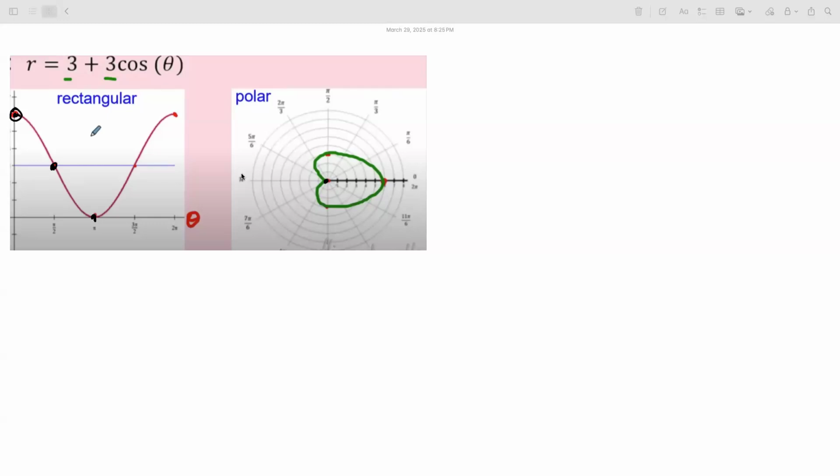It's 3 plus 3 cos theta, 0. This is 0, this is 3, this is 6. So now pi is 0. This point corresponds to the pi is 0 point. So this point corresponds to this point.